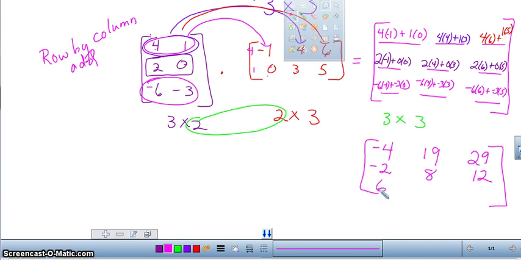Negative 24 and negative 9 would give me negative 33. This one gives me negative 36 and negative 15, so negative 51. This is the product that you get when you multiply those two matrices together. The math is not hard, it's just knowing what to do with your rows and your columns.